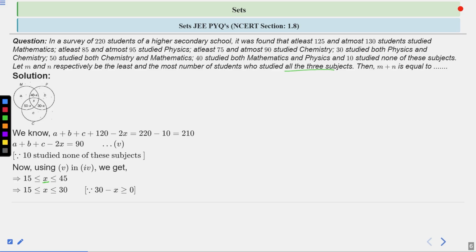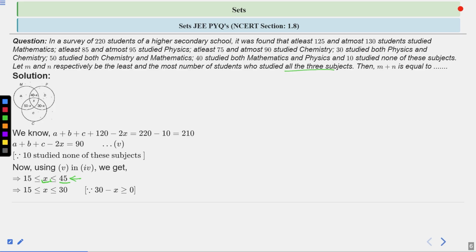So we have this as our inequality: 15 less than or equal to x less than or equal to 45. In words, this represents that at least 15 students have studied all the three subjects, and at most 45 students. Clear?